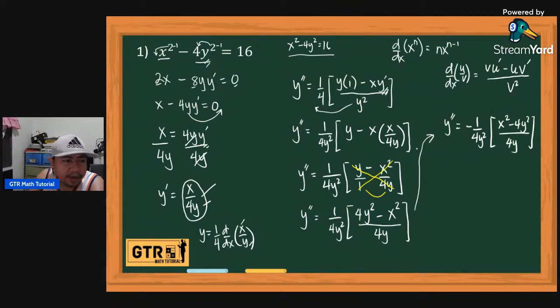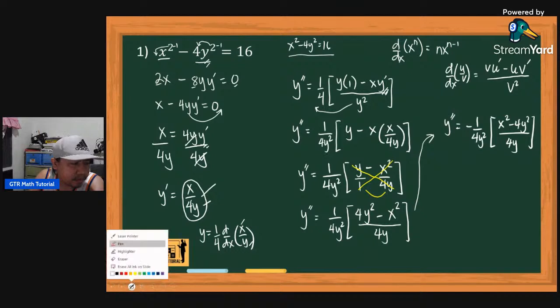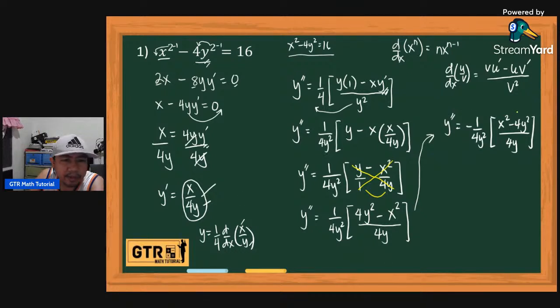Okay, so let us simplify x squared minus 4y squared. So this is equal to 16. Okay? So therefore, we now have second derivative is negative 1 times 16.